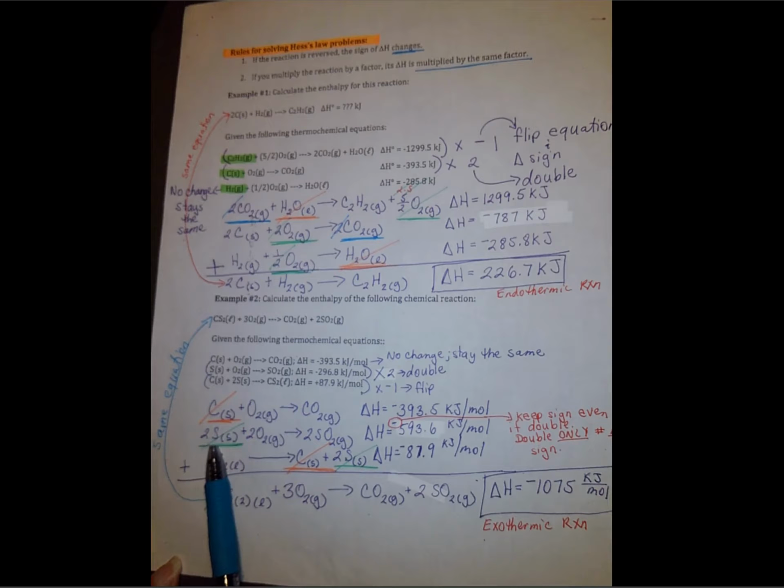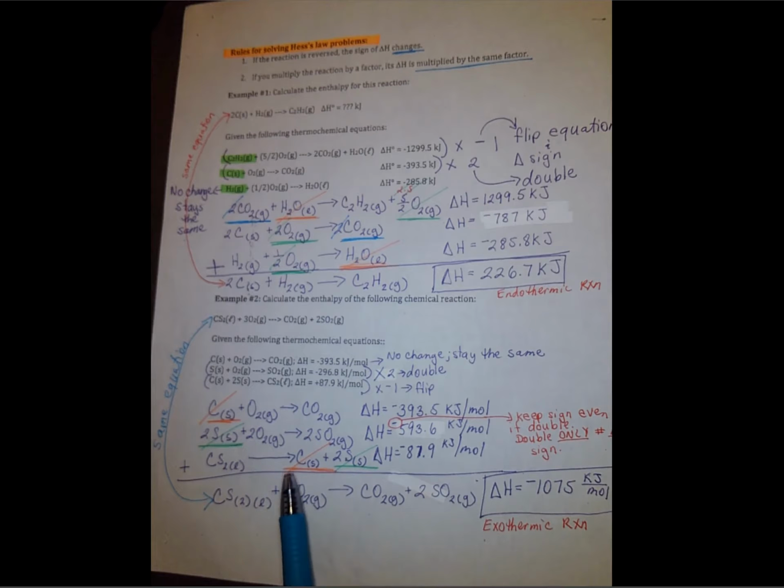We've got 2 moles of solid sulfur in step 2 in the reactant side, and 2 moles of solid sulfur in the product side of step 3, so we can cancel it because they're on opposite sides of the arrow, and the number of moles cancels out also.